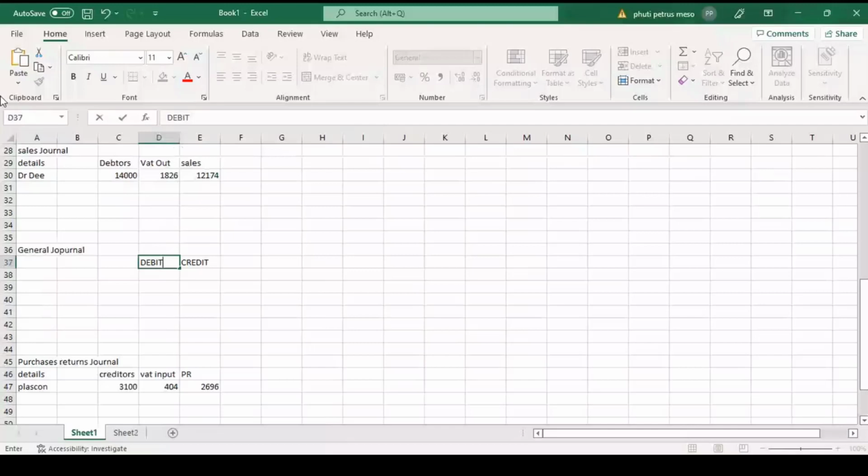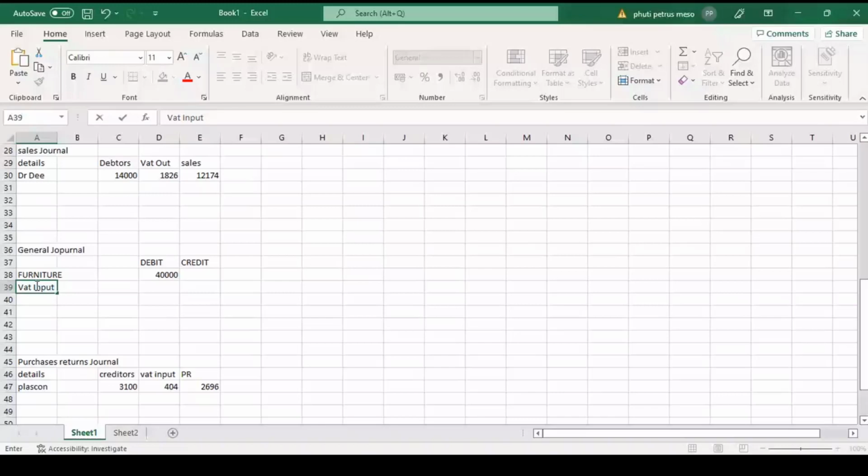So here it will be furniture, our description, and the amount is 40,000. And it's a purchase, it's going to attract our VAT input. So we say VAT input, which is 40,000 multiplied by 15 divided by 115.